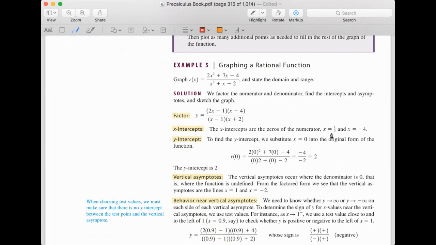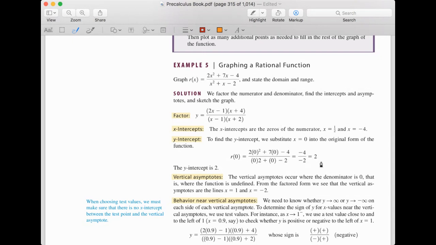We solve that and get x equals a half, x equals negative 4. Those are the x-intercepts. For the y-intercept, we put in x equals 0. One factor becomes negative 1 and the other is 4, so the numerator is negative 1 times 4, which is negative 4. In the denominator, the factors are negative 1 and 2, giving negative 2. Negative 4 divided by negative 2 gives 2.